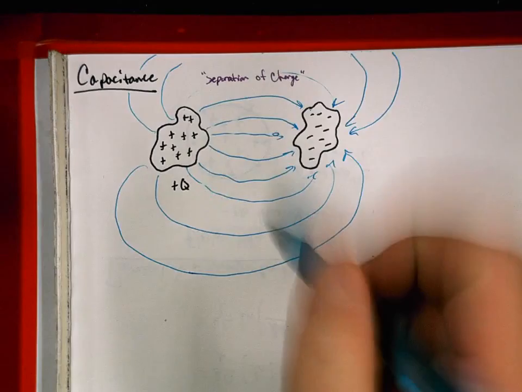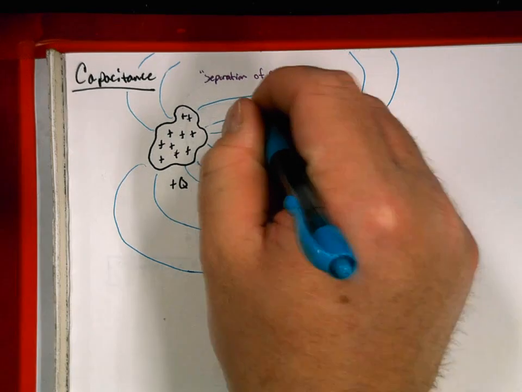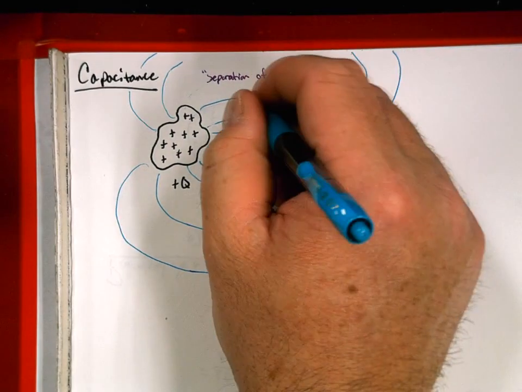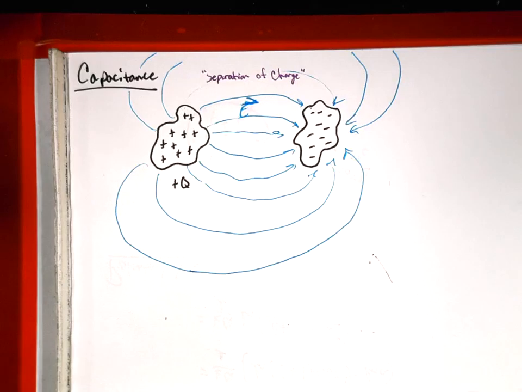Okay, and so this is our electric field. Sorry. Okay, so if this is our electric field, it always flows from positive to negative.